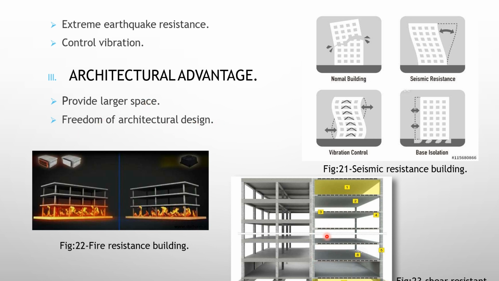Here it is shear resistant, this one is fire resistance, and then this is the earthquake or seismic resistance, so it controls vibration. A normal building, you can see, cracks and wears apart, but with this it is seismic resistant, it does not break. And then this is the base isolation. If we use U-Beton in the base also, it will be even better for us.